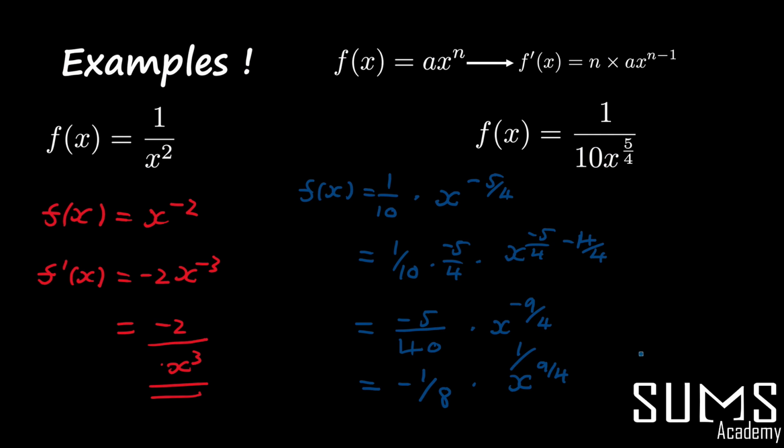So the final answer is negative 1 over 8 times x to the power of 9 over 4, on the bottom. That is our final derivative. So you can see there's quite a few more steps, but the idea behind it is just kind of simple maths, multiplication, division, so it shouldn't be too much of a problem.